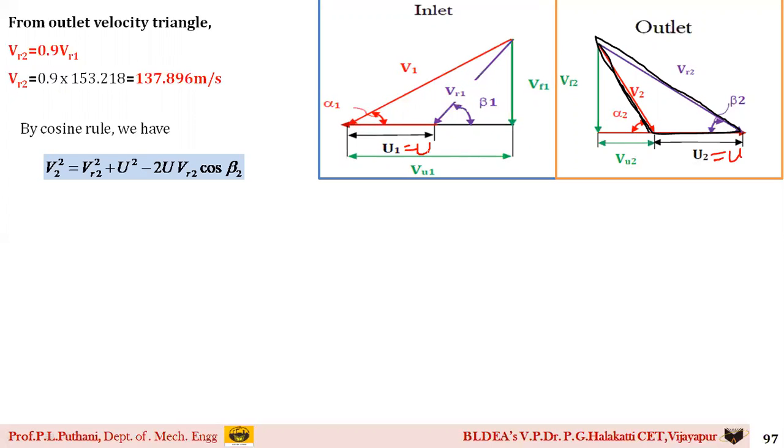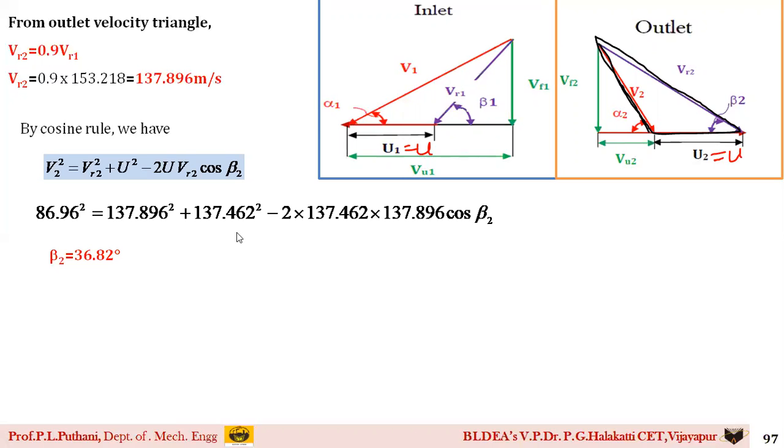So on substituting the values of VR2, u and the value of V2 which we have already derived from our utilization factor equation, I will get the value of beta 2, and on simplification I get the value of beta 2 as 36.82 degrees.